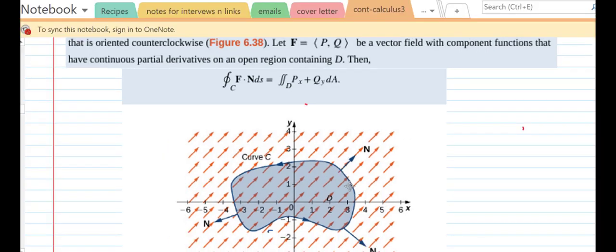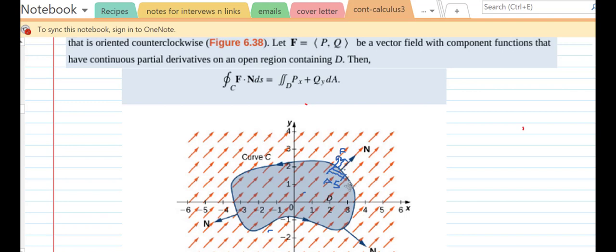If I consider a selected space, for example here the space S, the fluid is coming out from this space, and I want to calculate the measure of this fluid coming out.